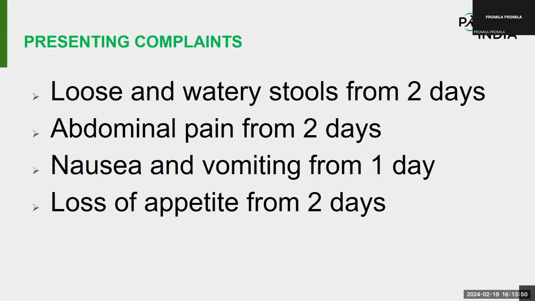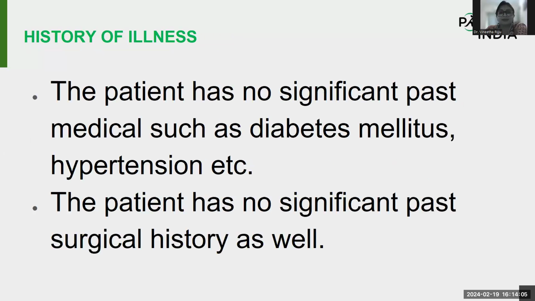The patient's present complaint is loose and watery stool for 2 days, abdominal pain, and nausea and vomiting for 1 day, loss of appetite for 2 days. History of illness: the patient has no past medical history of diabetes mellitus, hypertension, etc. The patient has no past surgical history.